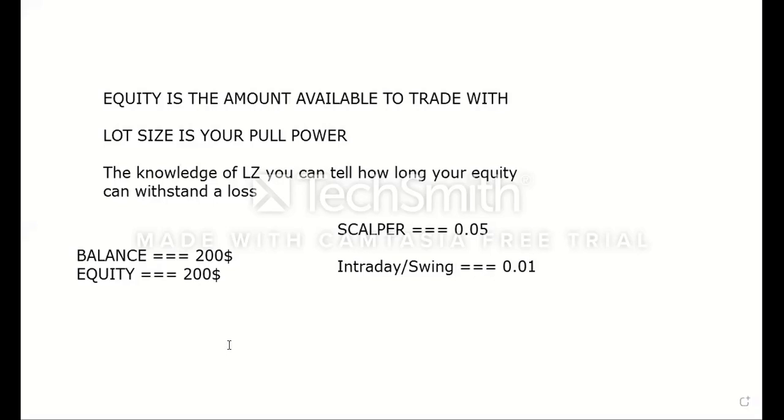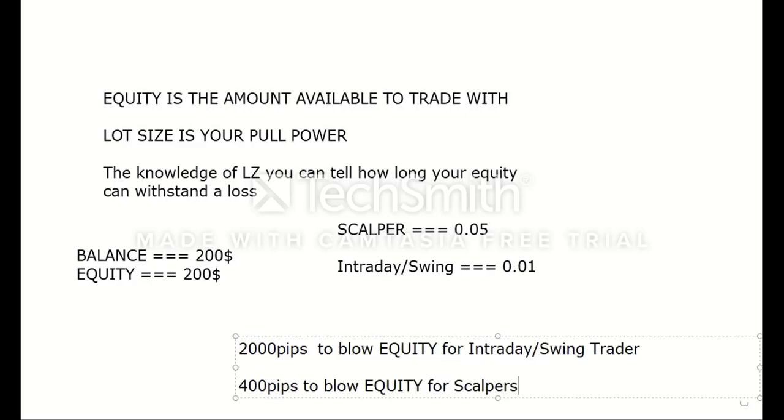So it will take 2,000 pips for an intraday trader or swing trader to blow their equity, and it will take 400 pips for a scalper to blow their equity.